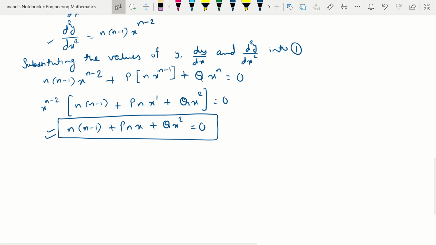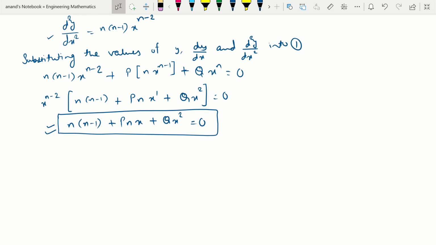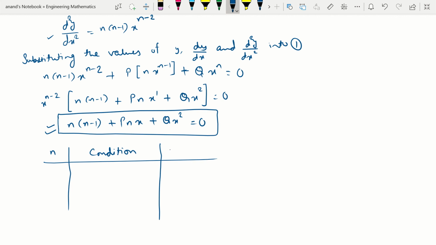So let us put first the value of n, and then we will obtain the condition on the basis of the value of n, and we will obtain u, that will be the part of complementary function.